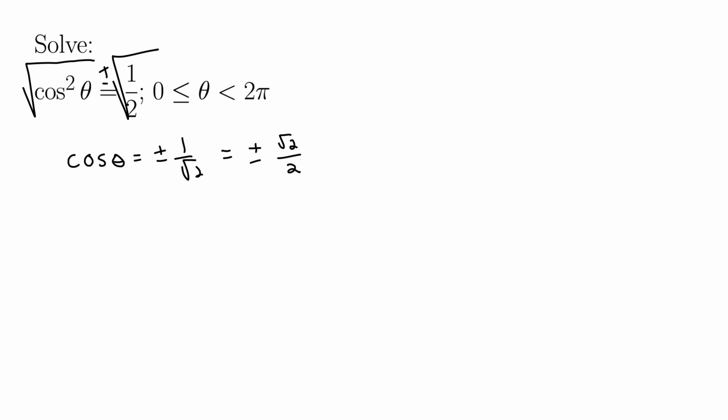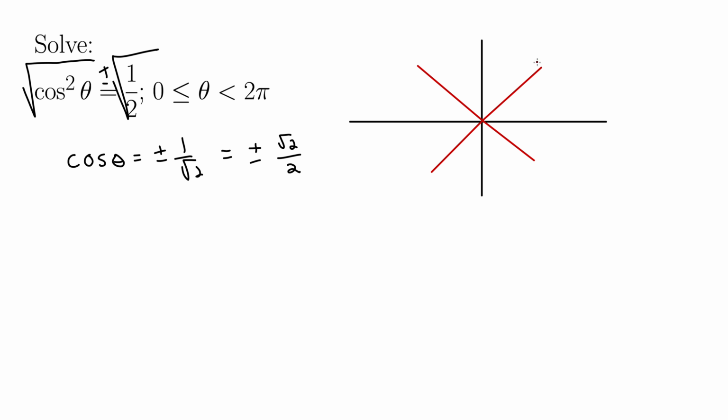Well, cos of pi over 4 equals positive 1 over rad 2. So what we're looking at here is essentially pi over 4, 3 pi over 4, 5 pi over 4, and 7 pi over 4. And if we go any further than that, then we're beyond 2 pi, so that doesn't do us any good.